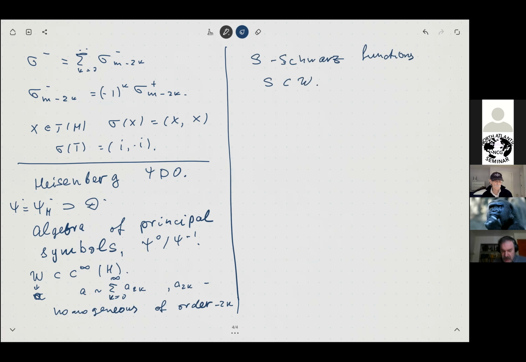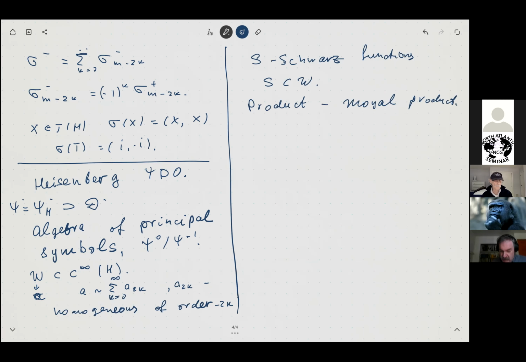So the split expansion is actually the quotient of W by S. So the product is still given by the Moyal product. Okay.